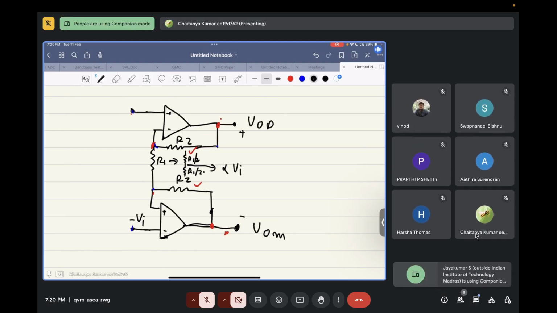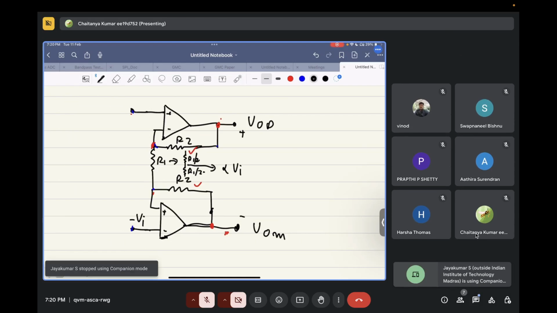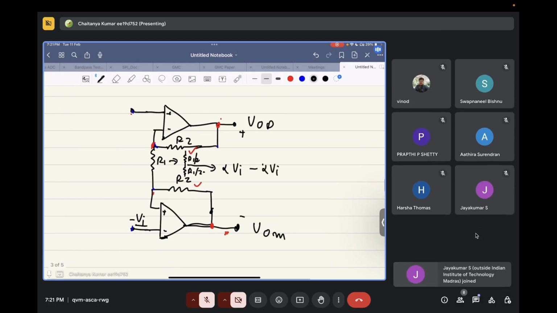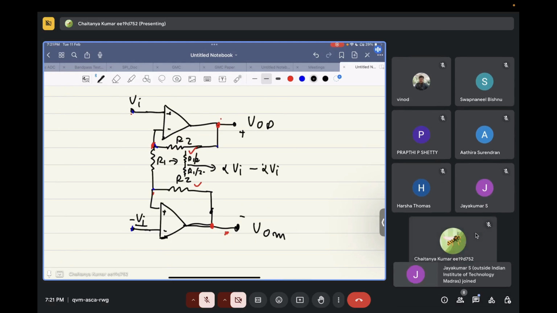Minus alpha Vi, right? So when there is only minus Vi over here, the node voltage at this node will be minus alpha Vi. So if both Vi and minus Vi are there, the overall voltage at this particular node will be equal to zero. Correct?